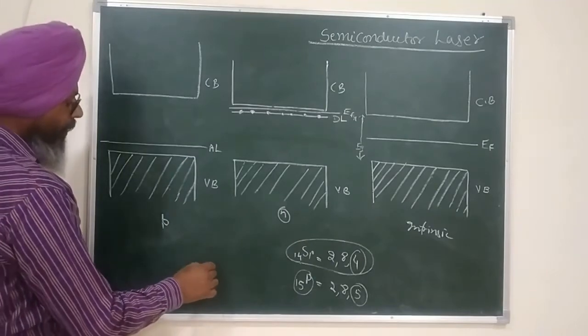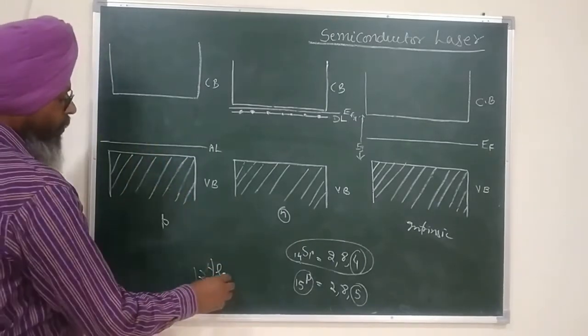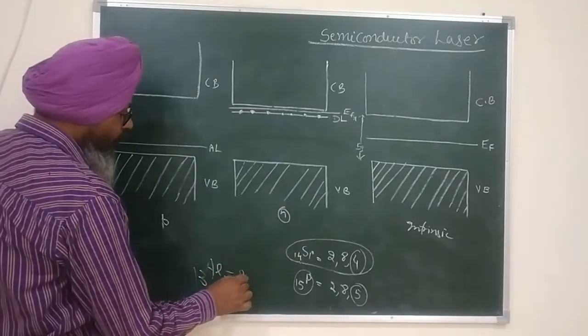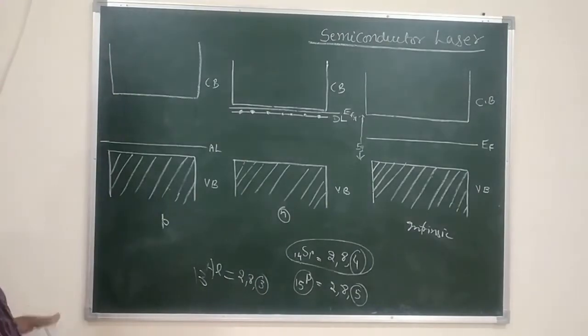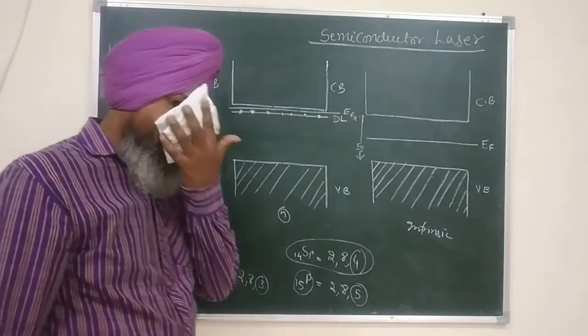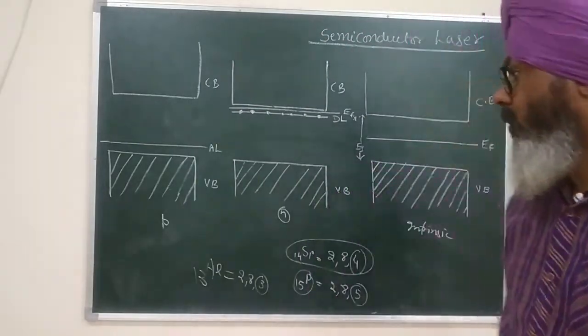So for example, if I add aluminium, its atomic number is 13, so therefore it will contain 2, 8 and 3. So the outermost shell will contain only 3 electrons. These 3 electrons will make covalent bonds with the nearest silicon atoms.